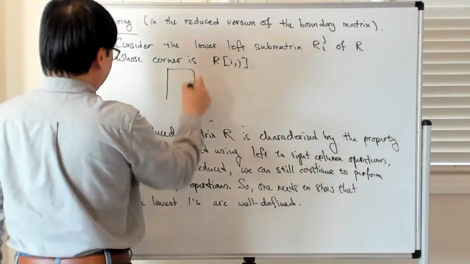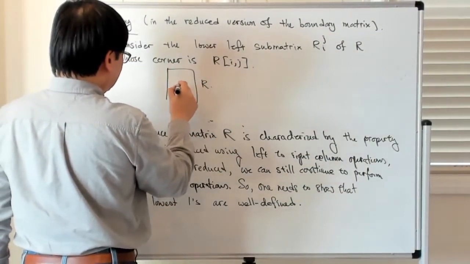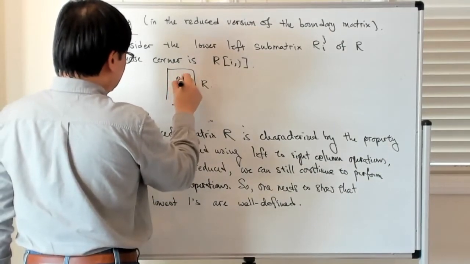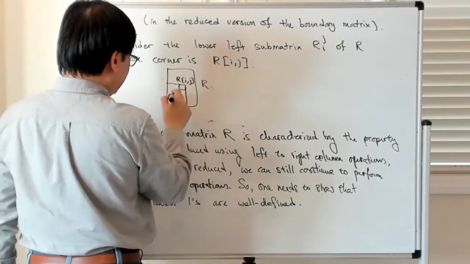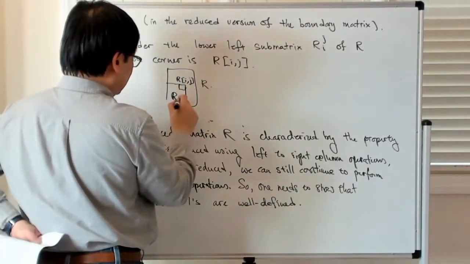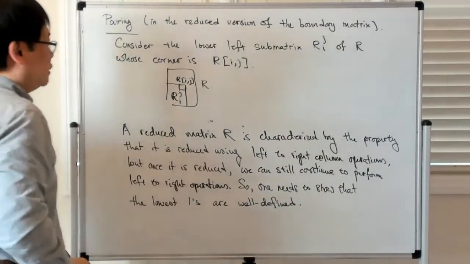Okay, so you have a matrix R, there's an R_ij here, and you're looking at this piece, which I call R_i^j.